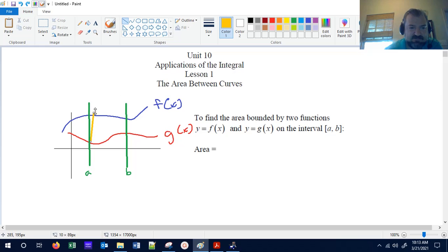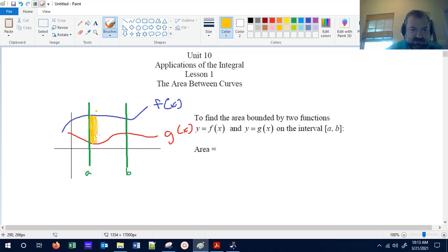Then I can continue this process where each rectangle has a width of dx. And I just keep adding these infinite number of rectangles.